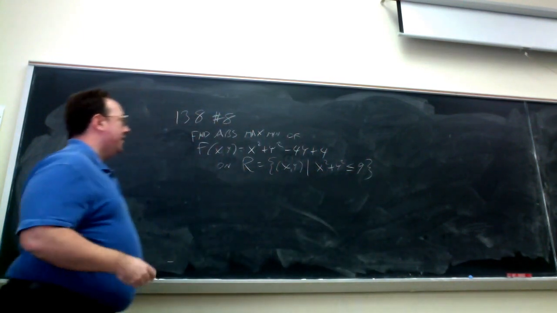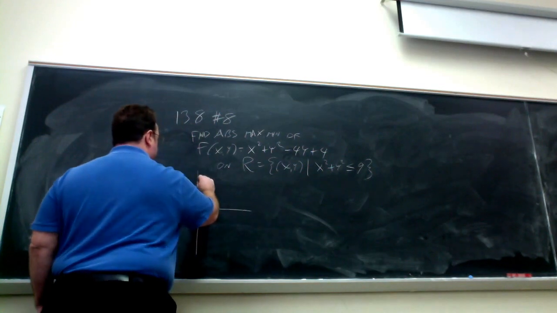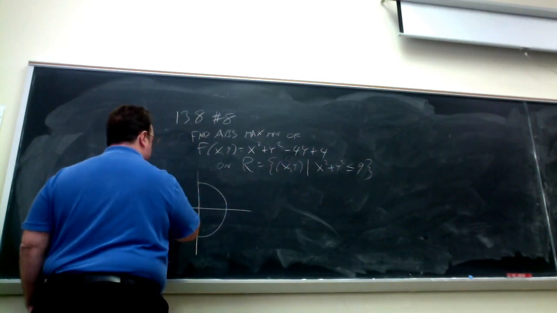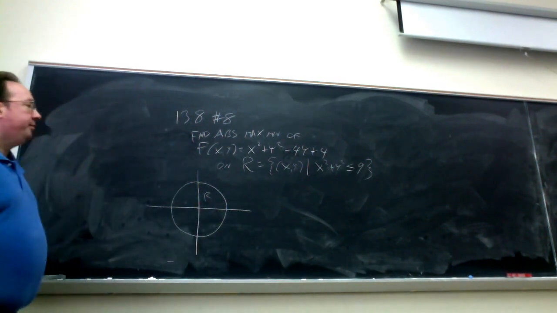So we're looking at a disk centered at the origin and of radius 3. So this whole region here is your R.